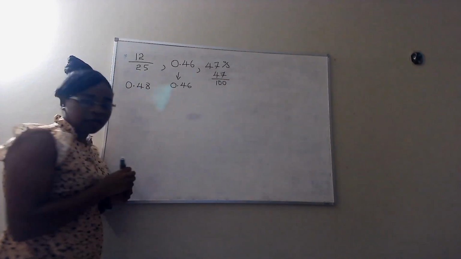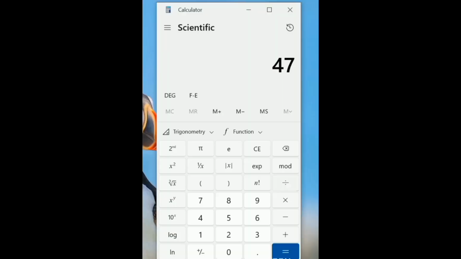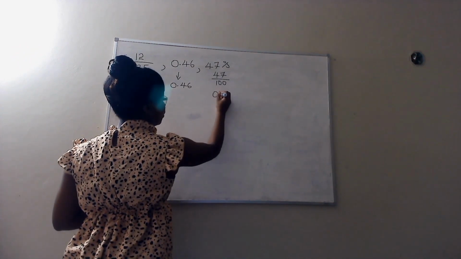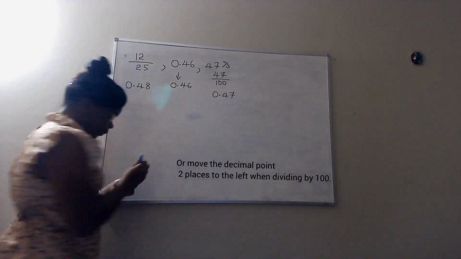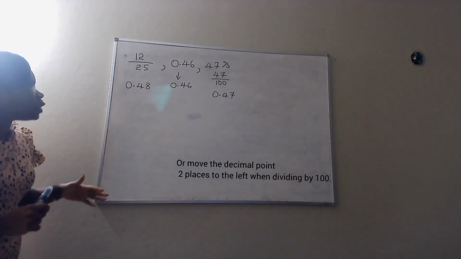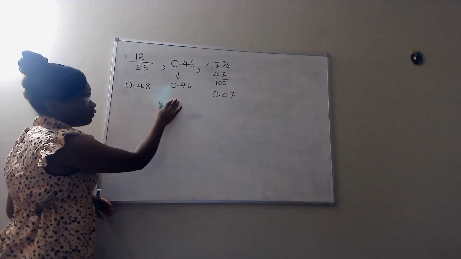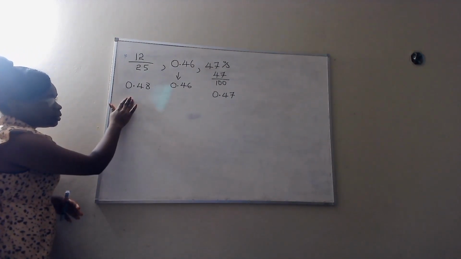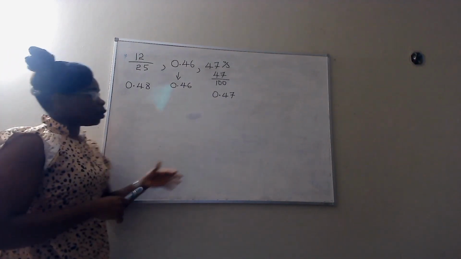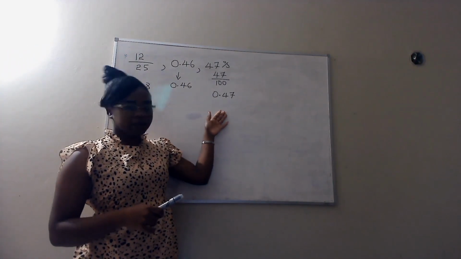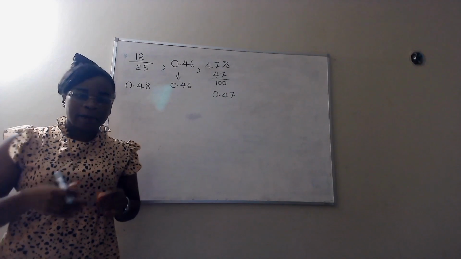So it's 47 over 100, 0.47. Okay, so the smallest decimal is 0.46. The largest is 0.48. So obviously this 0.47 will fall in the middle.